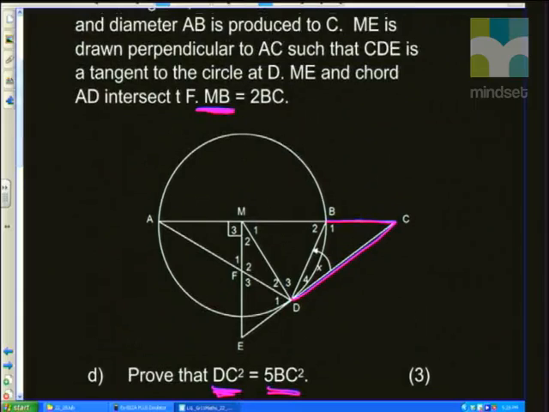But now there is some information here. There is MB as twice BC. So now if you look at this triangle, all right, we know that MD is a radius, and it's perpendicular to the tangent. So here we have 90 degrees, all right?